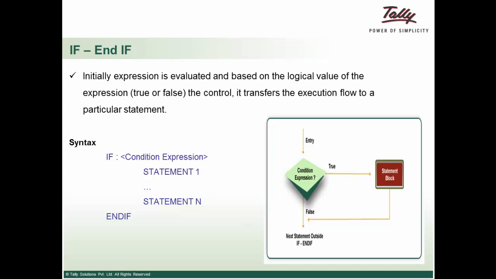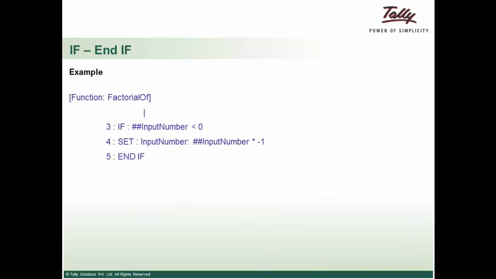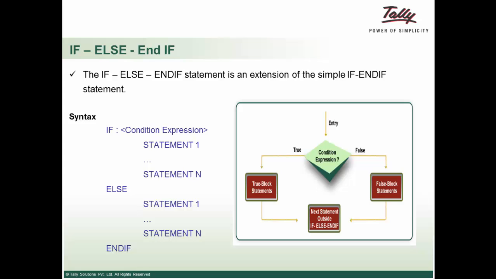But what if the conditions are not true? We might want to execute a certain set of statements. So this is where if else and end if comes into the picture. If the condition is true, then these statements will get executed. If the condition is false, this set of statements will be executed.